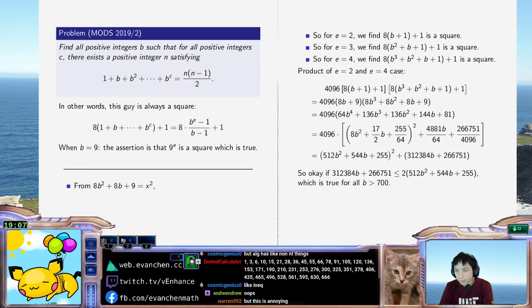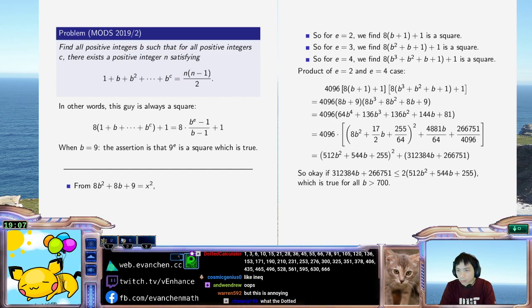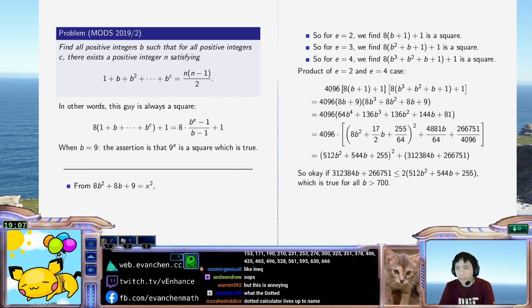We have 4b squared plus 4b plus 4 is equal to 2x squared plus 2x. So we get the Pell equation. See, this is the thing I was trying to do on the EGMO. When I saw the Pell equation, it's like, this should tell us a lot, but it's just not enough.